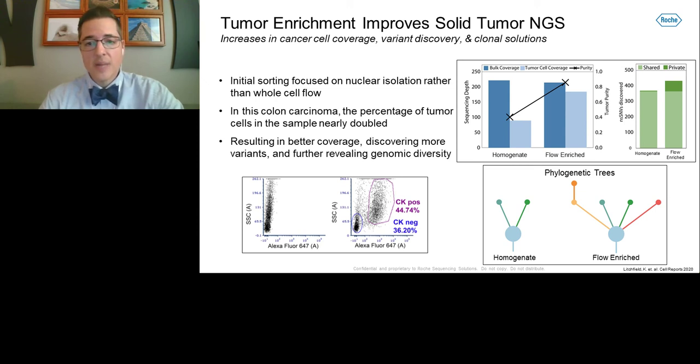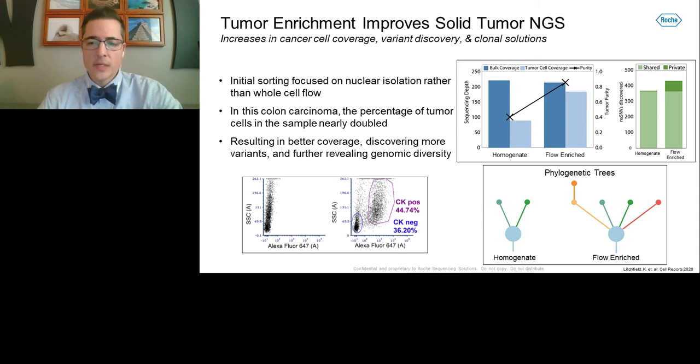And you can see in the top right that the flow enriched sample, which is the cells that were sorted based on cytokeratin 818, had almost a doubling in tumor purity, even at the same sequencing depth. And so our tumor cell coverage is more than doubled, which then generates on the far right 65 additional variants that we find, versus in the homogenate, there were only 5 variants we did not find in the flow enriched, and those 5 variants hovered around 5%, which was our cutoff.